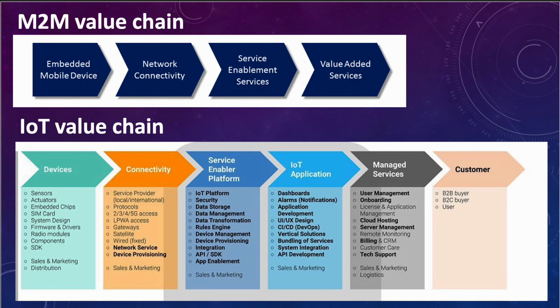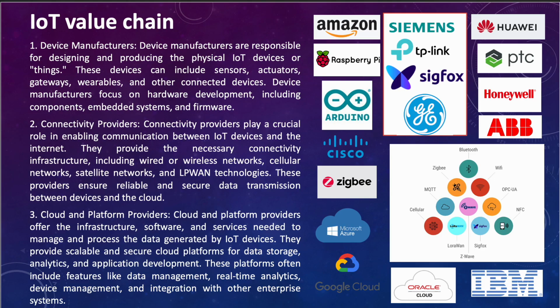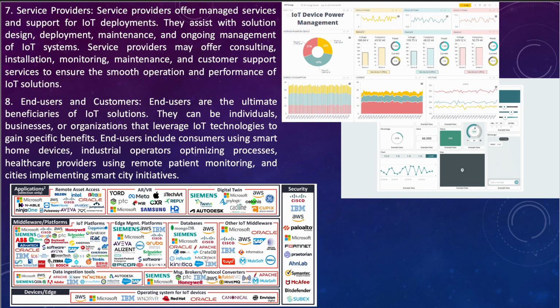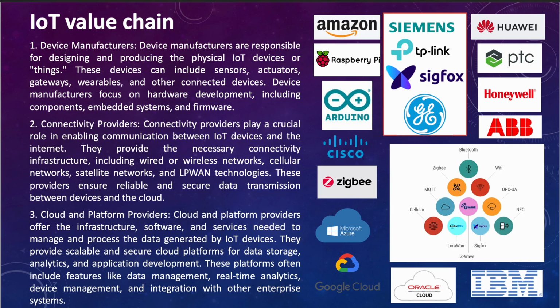understanding value chains, M2M value chains, IoT value chains. Then we will be briefly going through the topics in the value chain. If you are an IoT company, if you are going to give an IoT application or IoT solution, what kind of company or what kind of solution can you give?